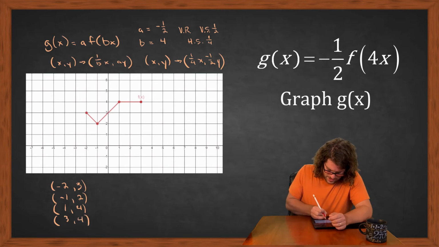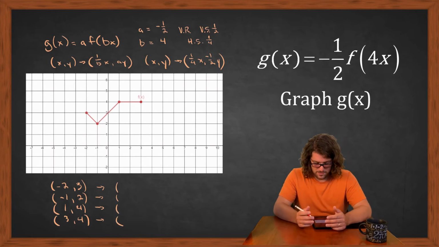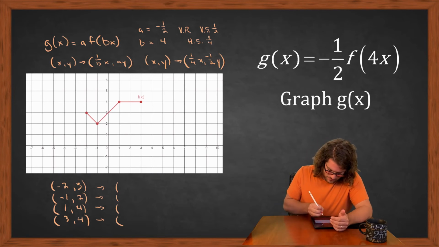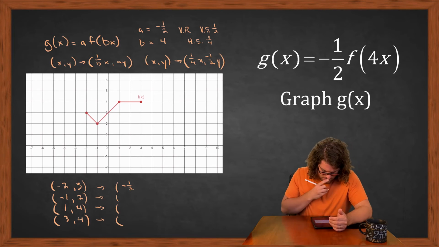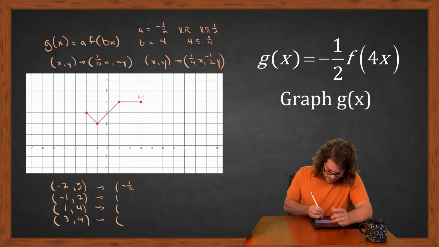All right, now these are all going to map onto new points. So the new points are going to be, following the rule, 1/4 of the x value. So that's going to end up being -1/2, -1/4, 1/4, and 3/4. I'll have to be a little bit careful in my spacing. This is going to get crunched a fair bit.